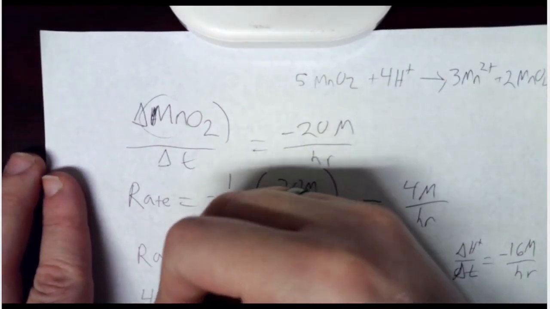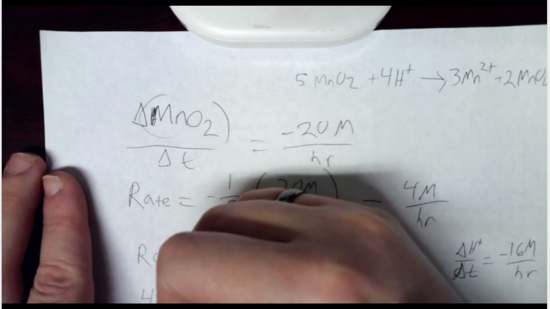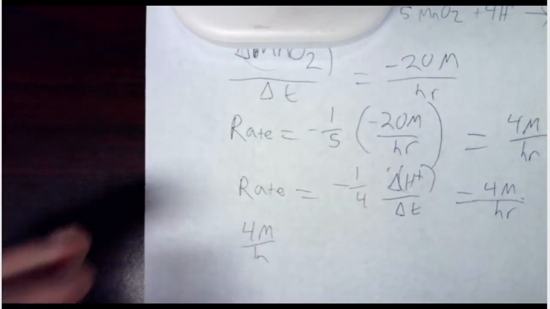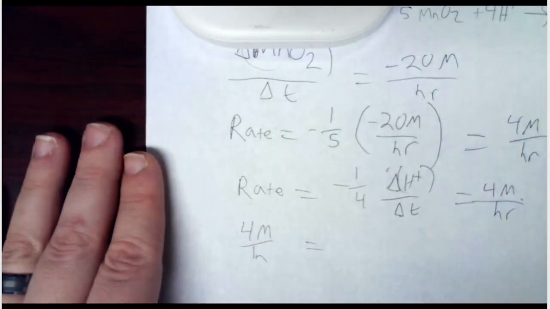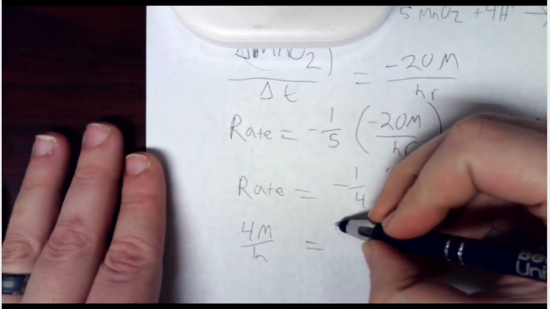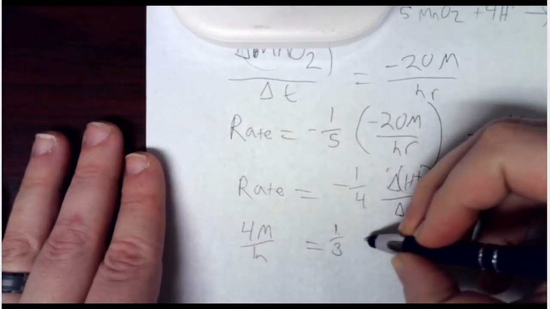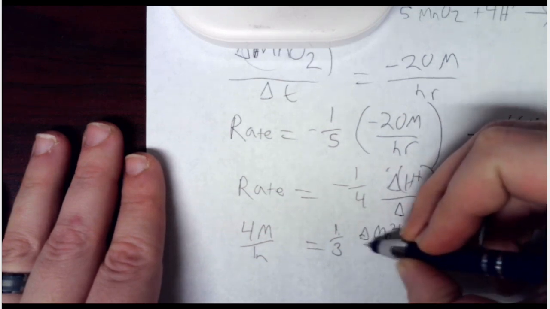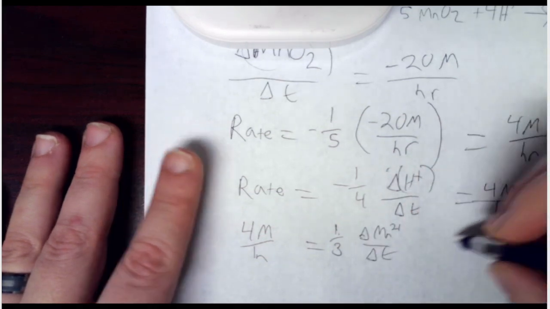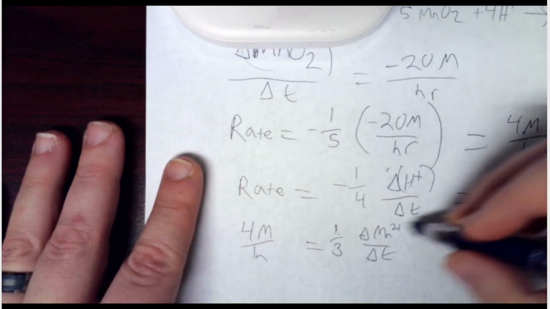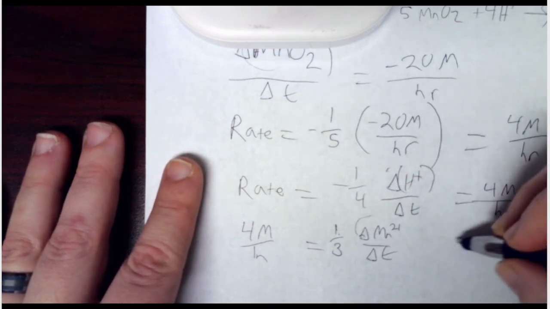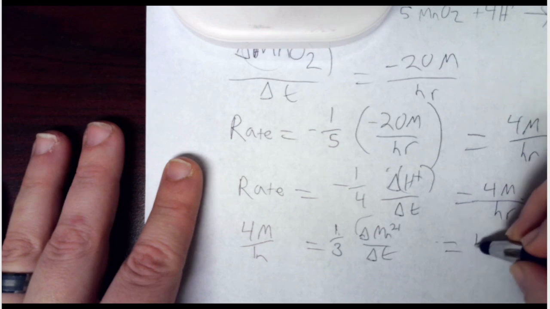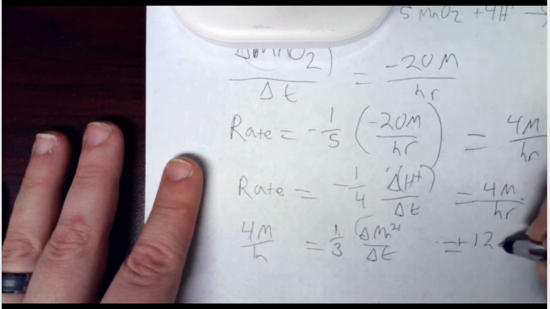Similarly, 4 M per hour, we know that manganese 2 plus is 1/3 delta Mn2 plus over delta T. So that Mn2 plus delta T is going to be a rate of positive 12 molar per hour.